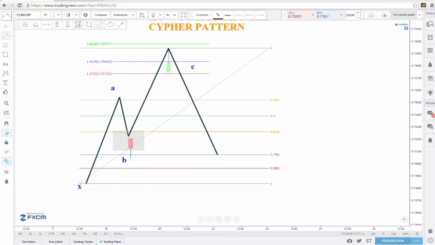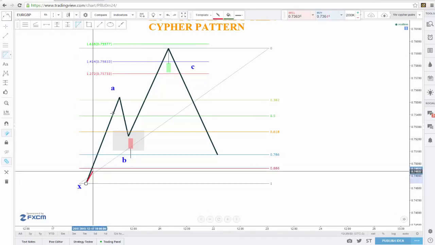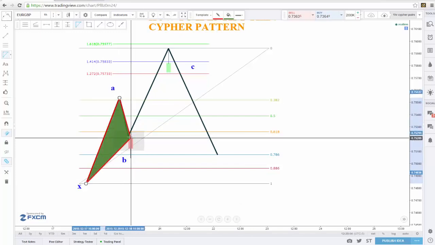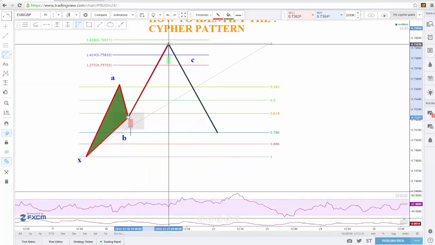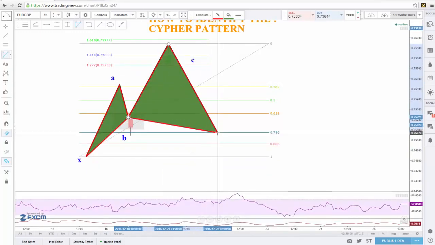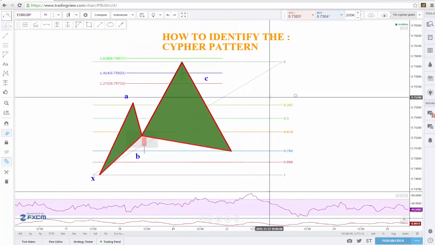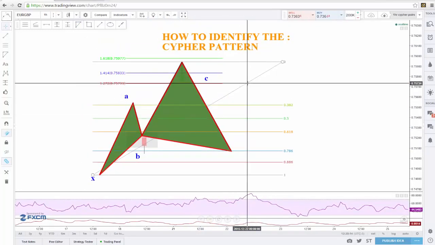And I will draw this the rest of the way in so you can see what it should look like. And that is your cipher pattern using the ratios that I use.